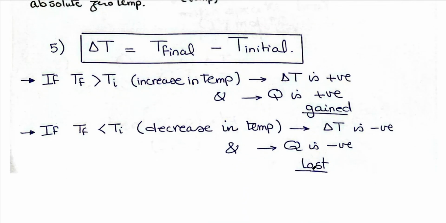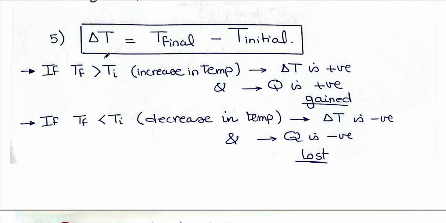Again, if we are calculating the difference in temperature, it's the final minus the initial. We have two possibilities. Either T final is bigger than T initial, which means an increase in temperature, so delta T will be a positive number. A positive number means that Q will also be positive because Q equals m c delta T. The mass is always positive.